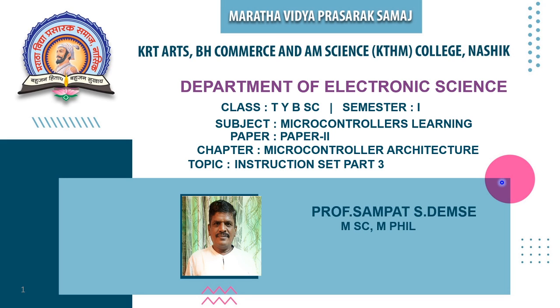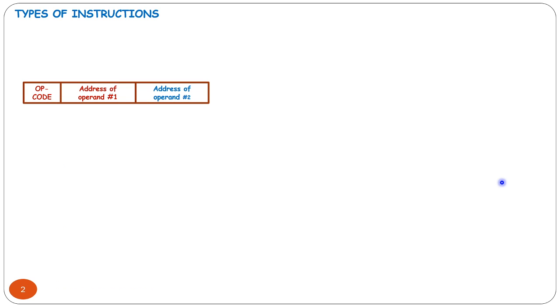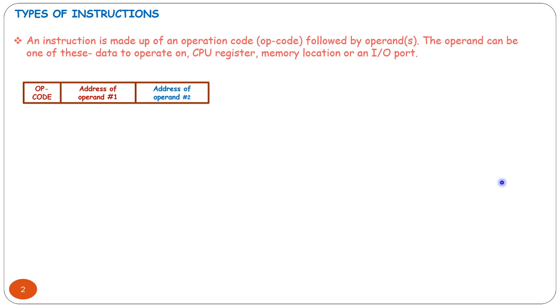Dear students, we already discussed instruction set part 1 and part 2 in previous video lectures. In today's video lecture we are going to discuss instruction set part 3. In this part, the instruction needs an operation code field, an address of operand 1 field, and an address of operand 2 field.